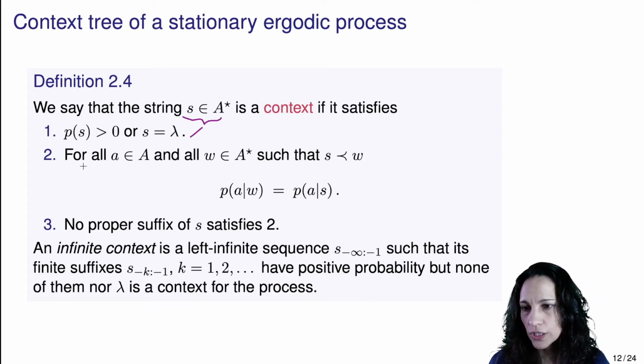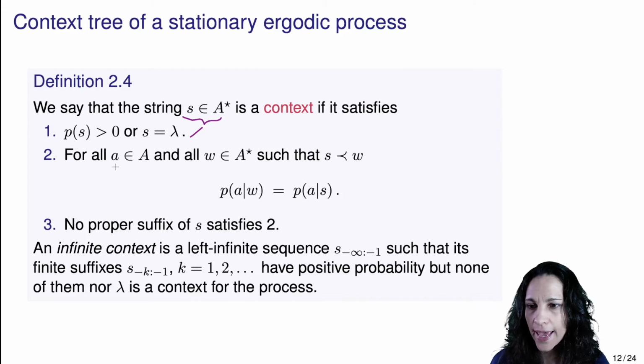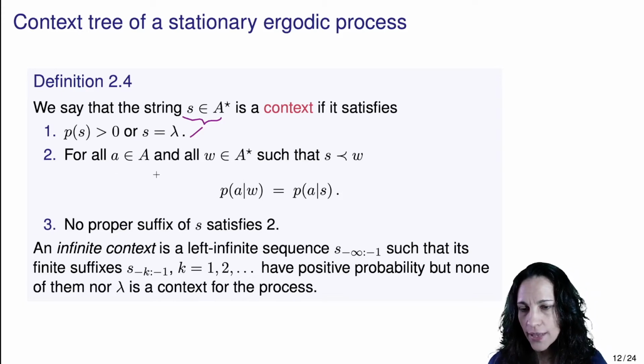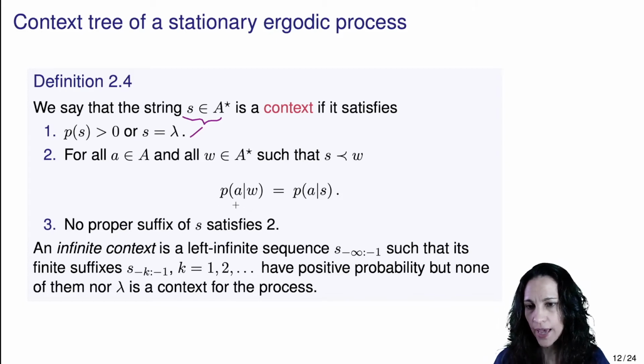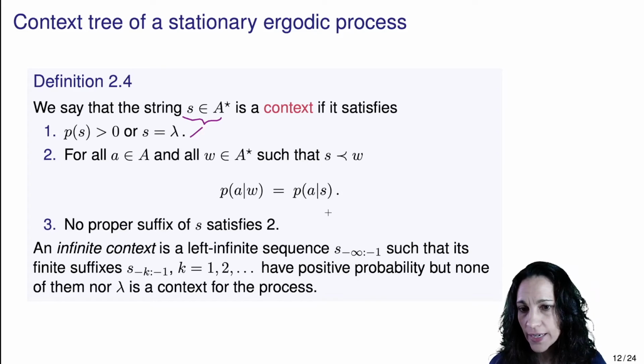The second condition says that for all a in the alphabet and all w in A star, so w is a finite sequence, such that s is a suffix of w, the conditional probability of a given w is equal to the conditional probability of a given s.